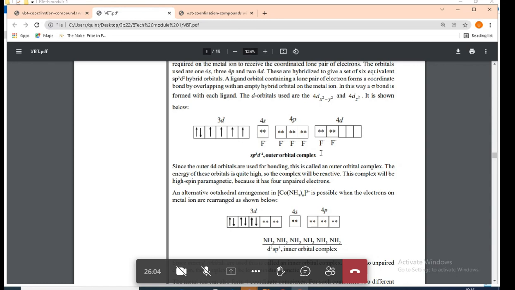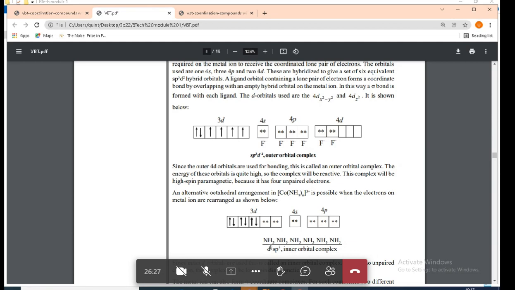Mostly the halides are taken as the weaker ligands, and they give you paramagnetic character and outer orbital complexes, as compared to ammonia and CO, carbon monoxide, the carbonyl complexes as we call them, and the amine complexes.